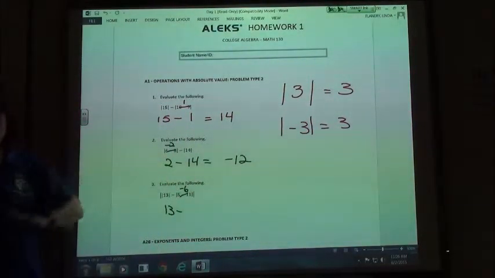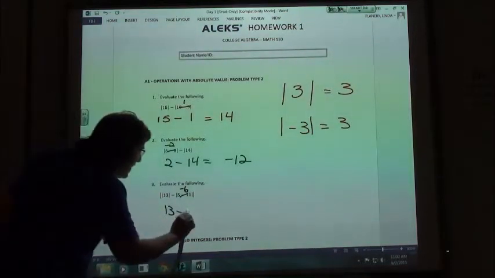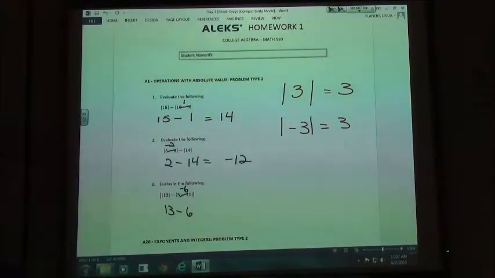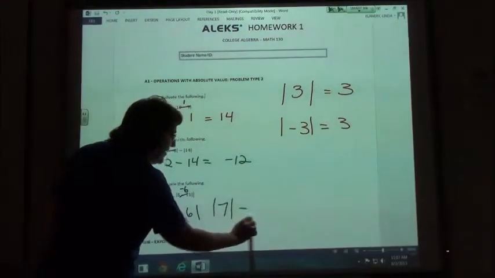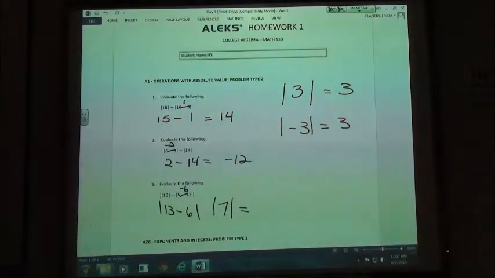The absolute value of -6 is? 6. I'm going to have to get out my list and start calling on people if you guys can't talk. These are still in the absolute values. 13 minus 6 is? 7, and the absolute value of 7 is? 7.